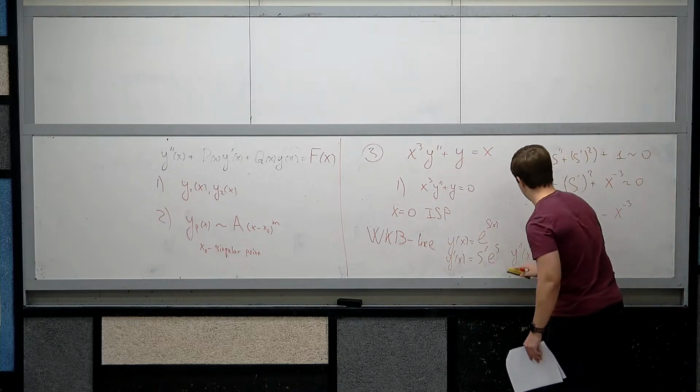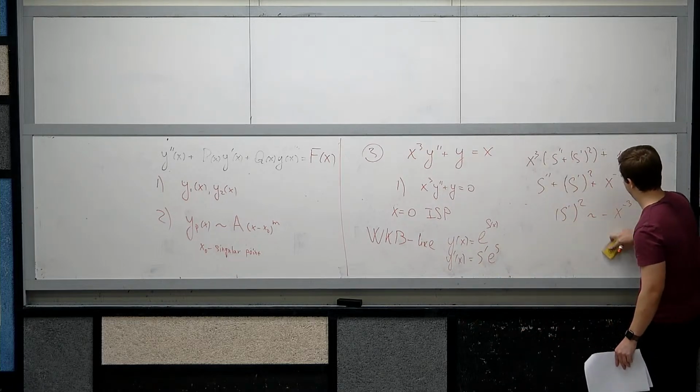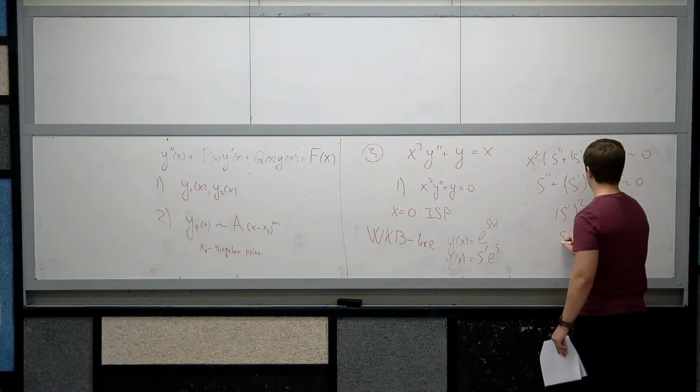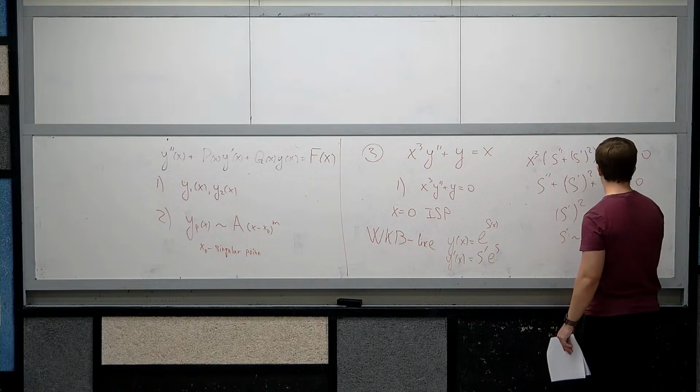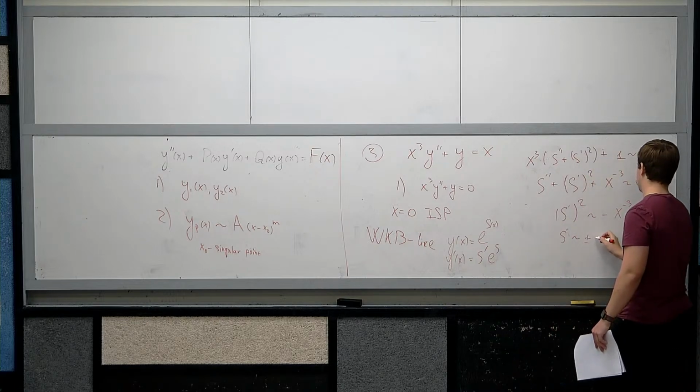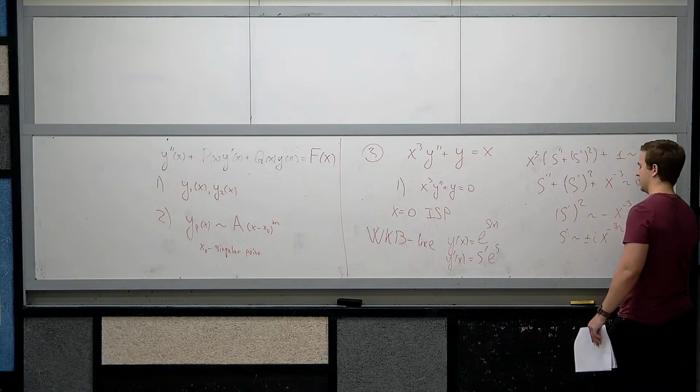And then s prime is asymptotic to plus or minus i x to the minus 3 halves.